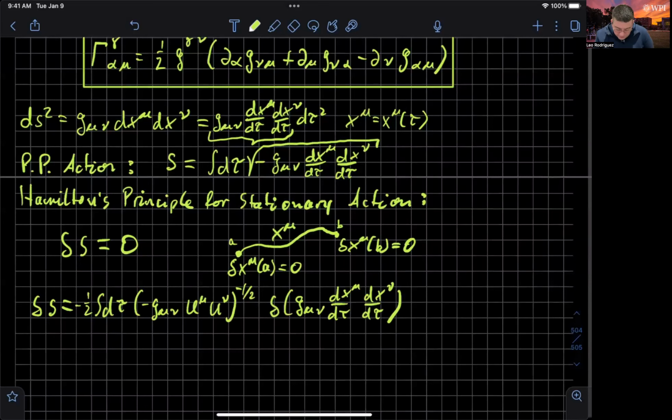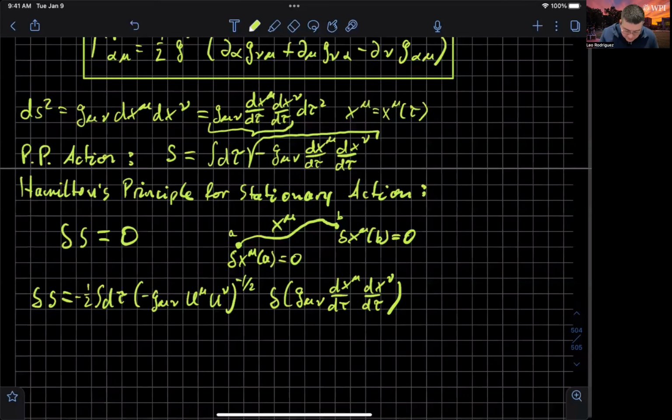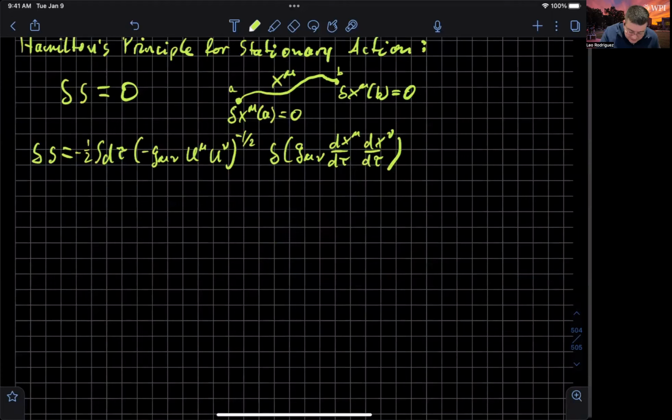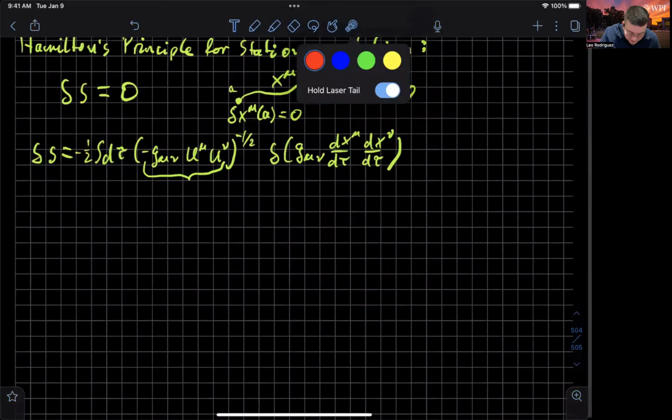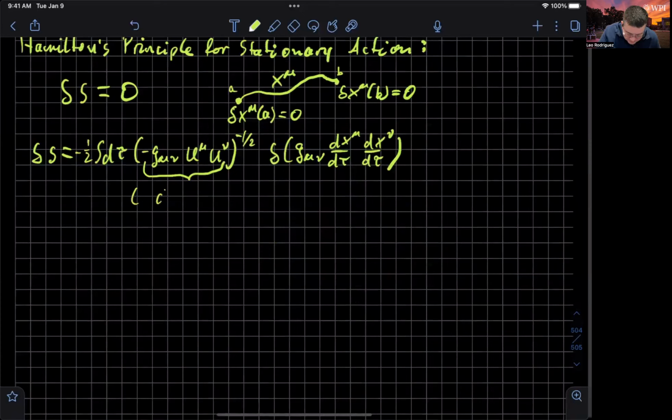And now we invoke the equivalence principle. The reason is that there's too much going on here that I don't want to deal with anymore. I want to invoke my equivalence principle here and say, I know that this is going to be minus c squared modulo this minus sign. So this term should only be c squared here to the -1/2.